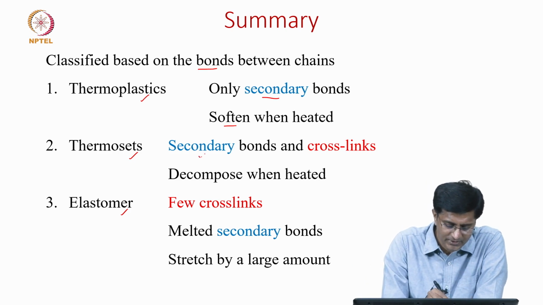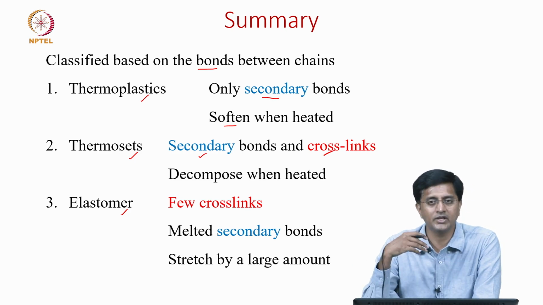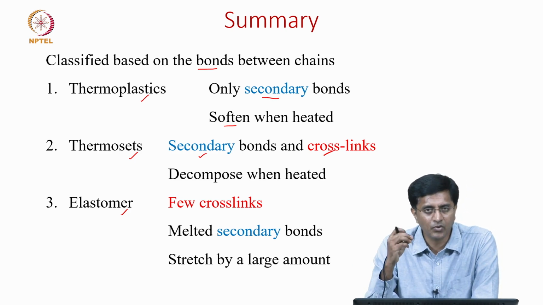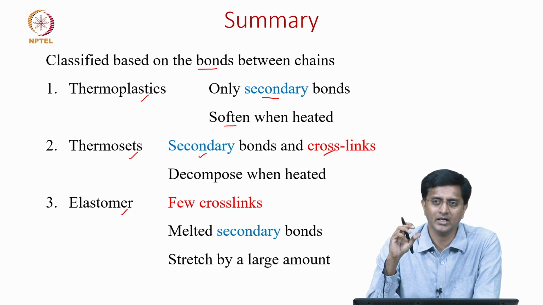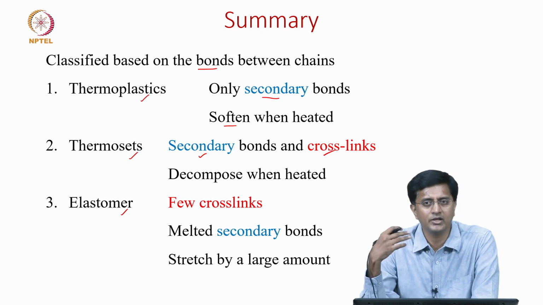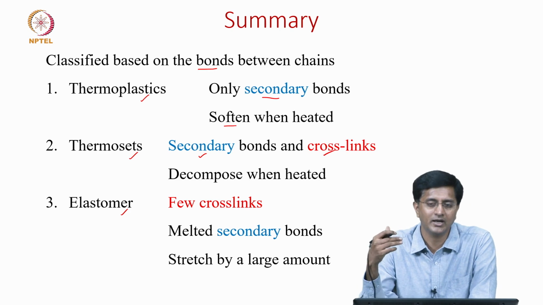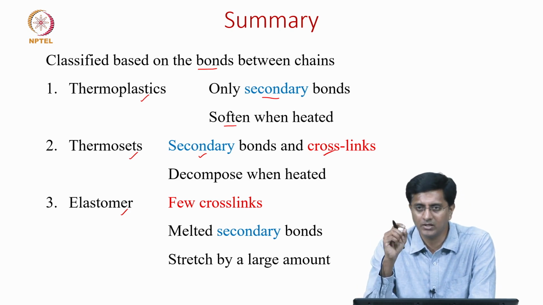Thermosets have secondary bonds as well as cross links, meaning that when they are heated the secondary bonds melt and it softens a little bit but the cross links cannot be melted easily, and the only way it melts or breaks is by giving lots of energy or burning these thermosets. At those temperatures or at those high energies they simply break down.